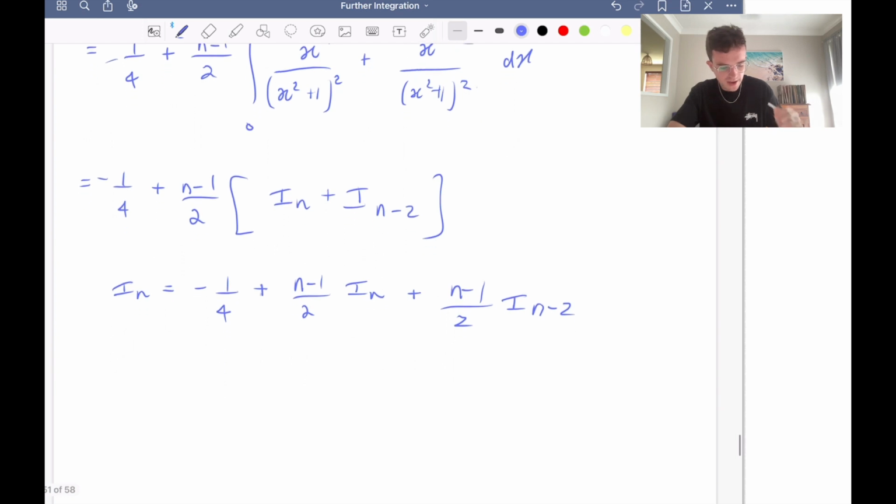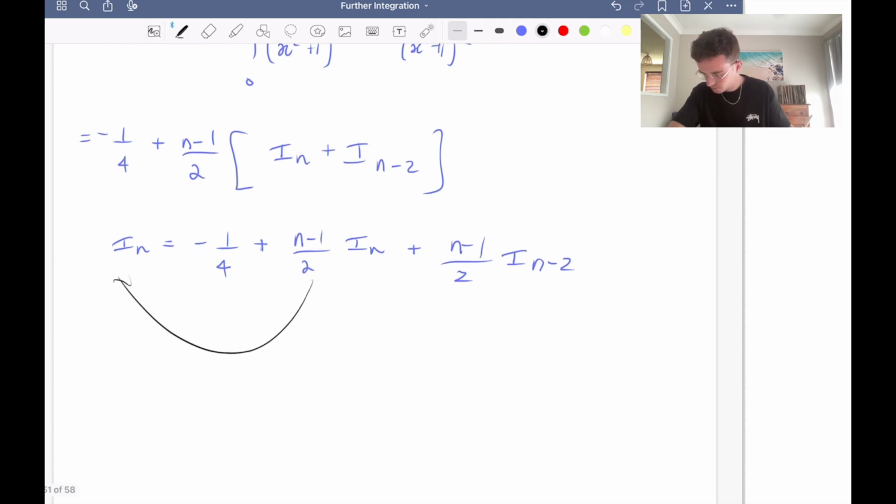Now we want to make I_n the subject, so we're going to move this over to here, and that will get us 3 minus n on 2 I_n equals n minus 1 on 2 I_(n minus 2) minus 1/4.